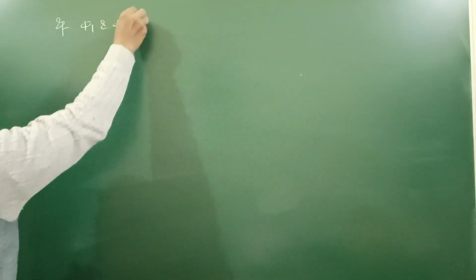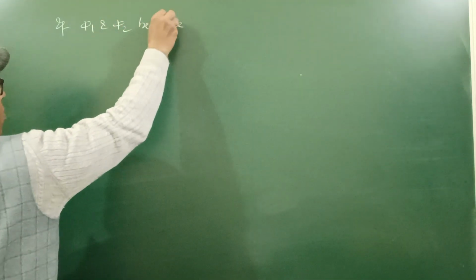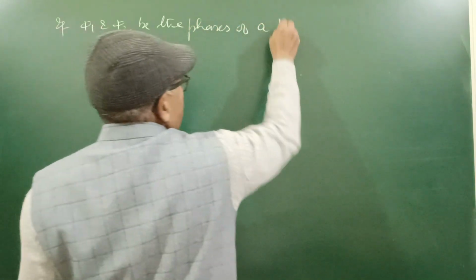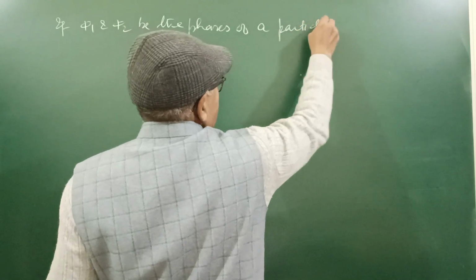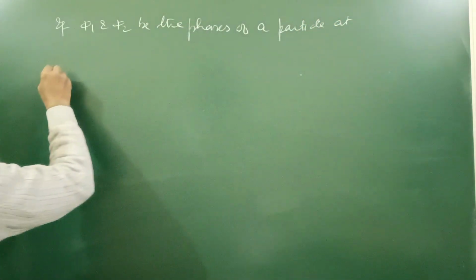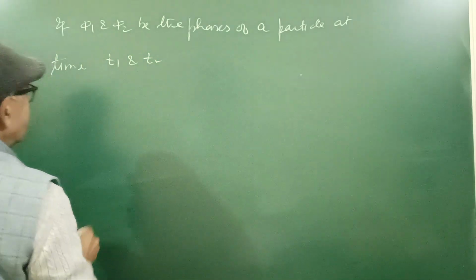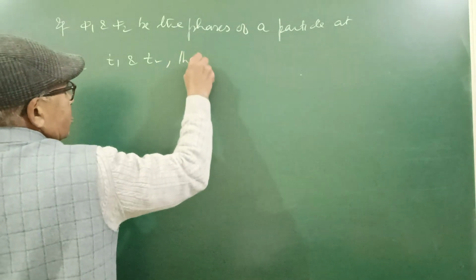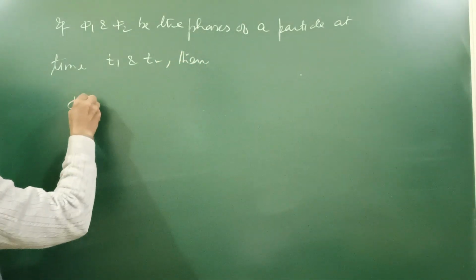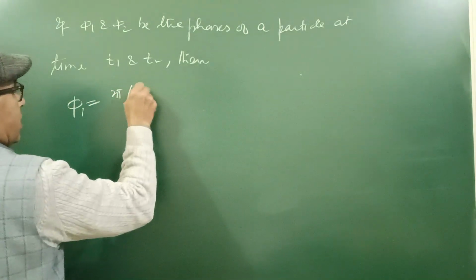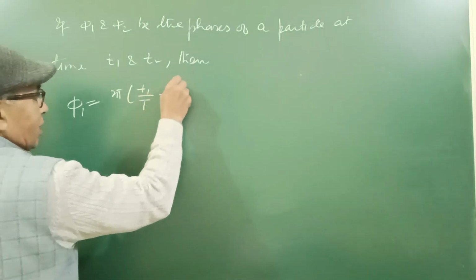Now further, if phi1 and phi2 be the phases of a particle at time t1 and t2, then phi1 equal to 2 pi, t1 upon capital T minus x upon lambda.